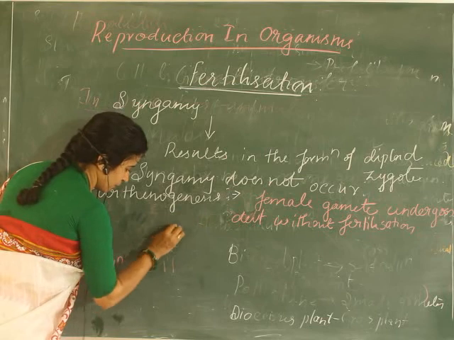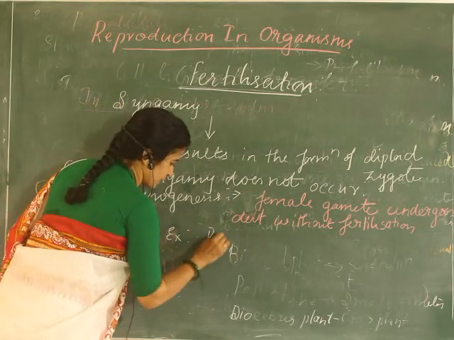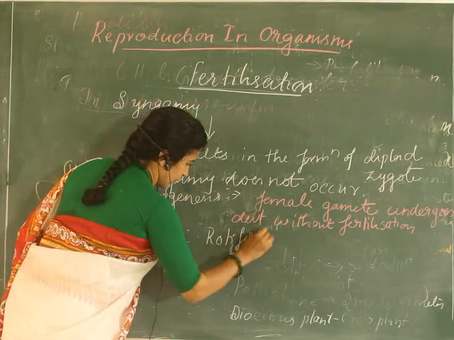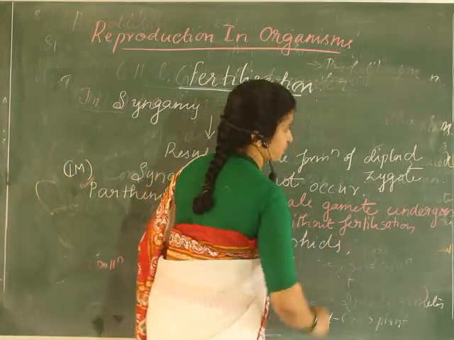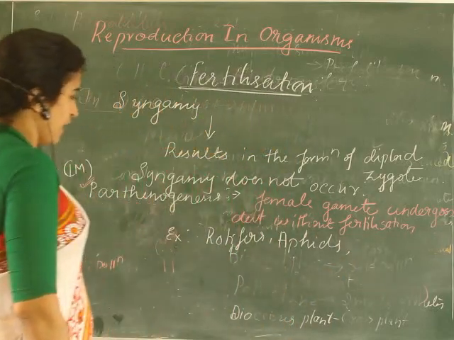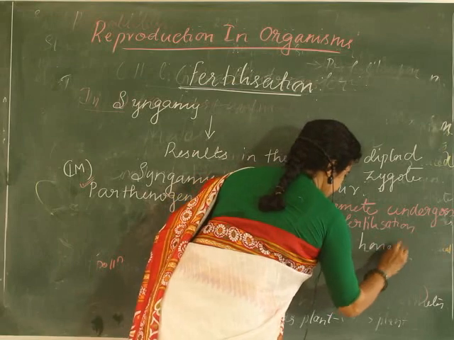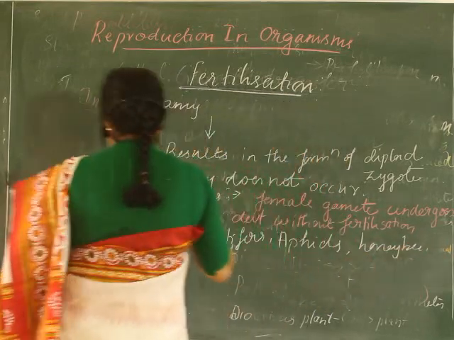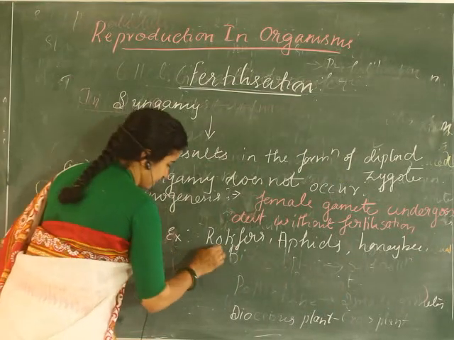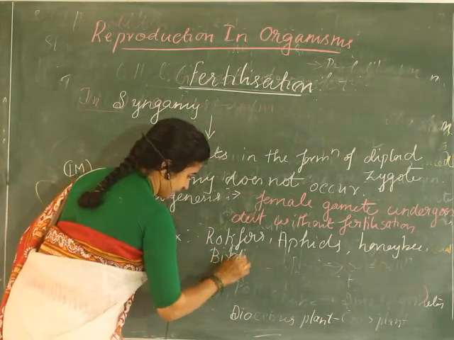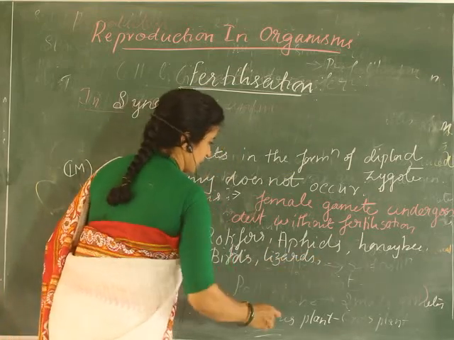Examples of parthenogenetic animals: rotifers, aphids, honeybees, some birds, lizards, and turkey.